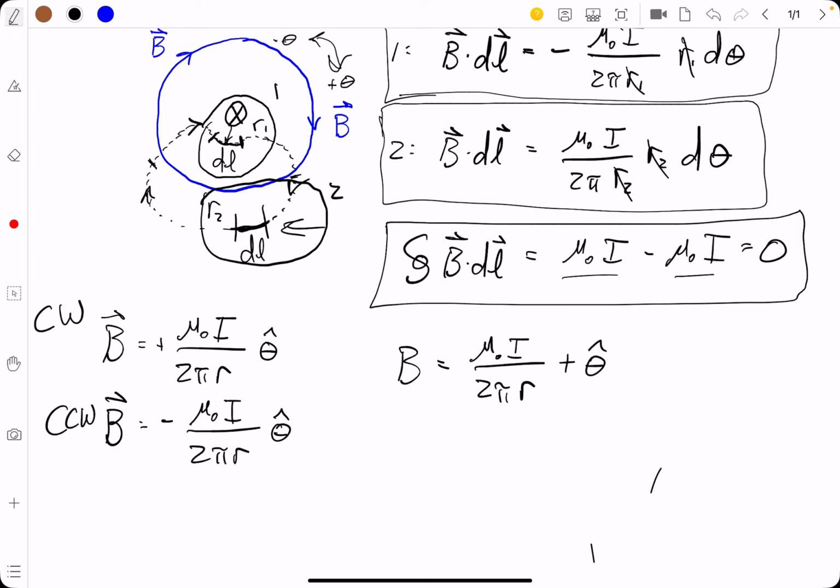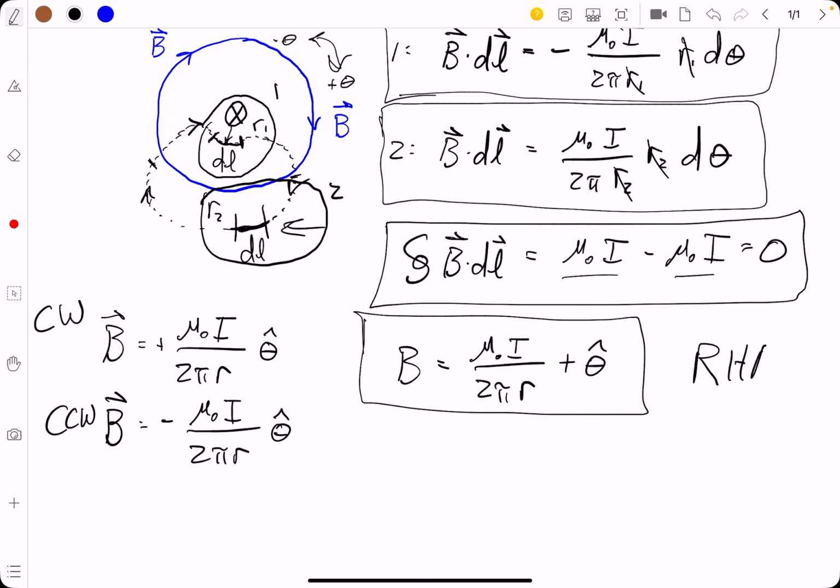Once I've done that, you're good. You have to define your coordinates and then use the right-hand rule to get the right direction. So when you do all these other integrals, trying to find B, that's fine. Find B. Don't worry about positives or negatives and all that other jazz. Get your B and then figure out which direction it's going with the right-hand rule.